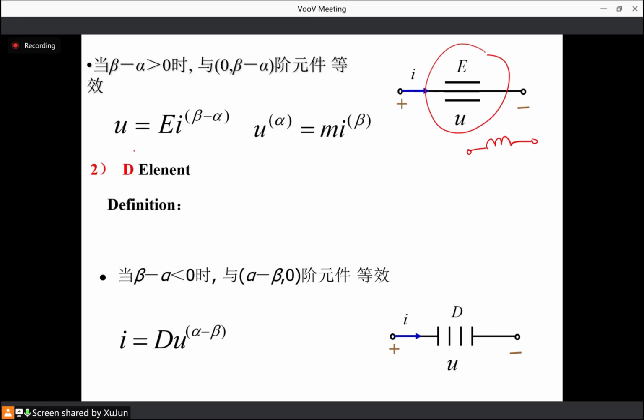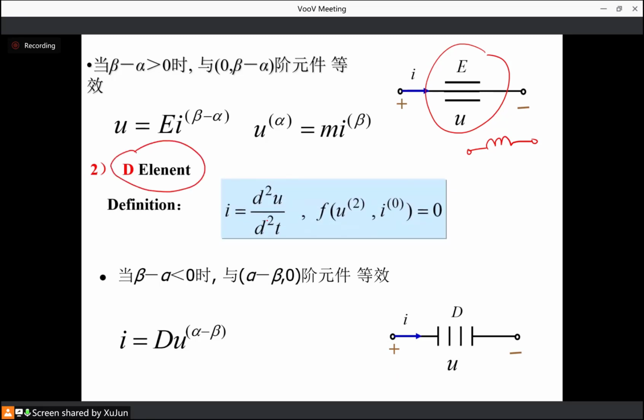Another is the D element. The D element definition is that the current is a high-order derivative of the voltage: I equals D multiplied by the n-th order derivative of u with respect to t. This n is high order. This D means a coefficient. It is similar to the C component, where I equals C du/dt, which is a capacitor.